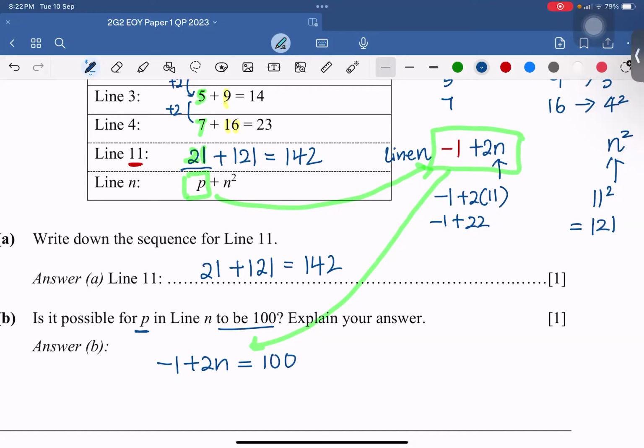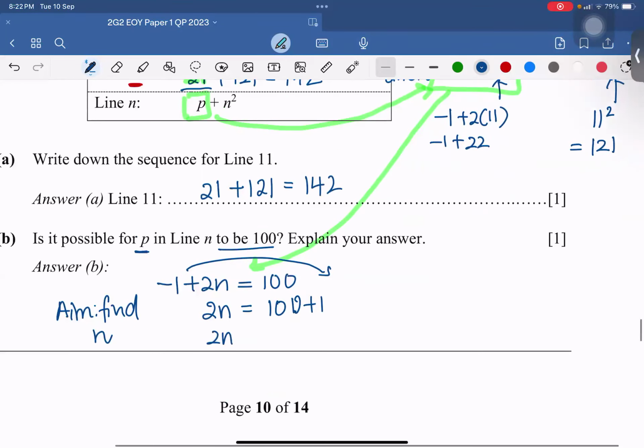Let's try to find, the aim is to find n, right? Then we find 2n equals, bring the -1 over, it becomes +1. So 100 plus 1. So 2n equals 101. n equals what number?